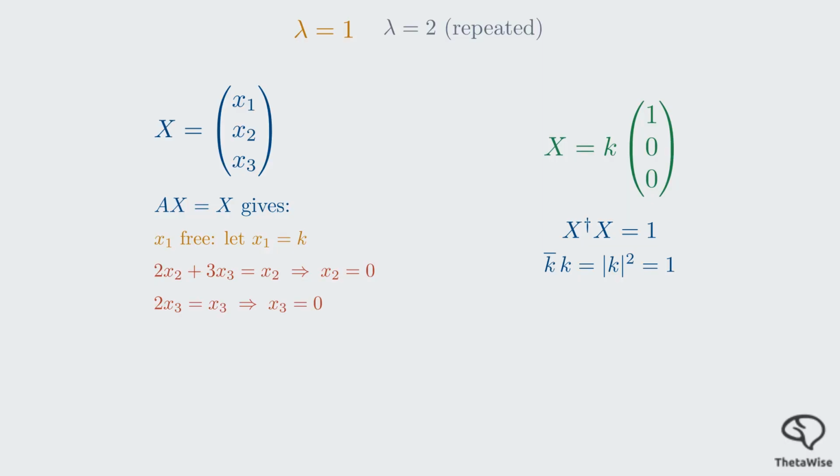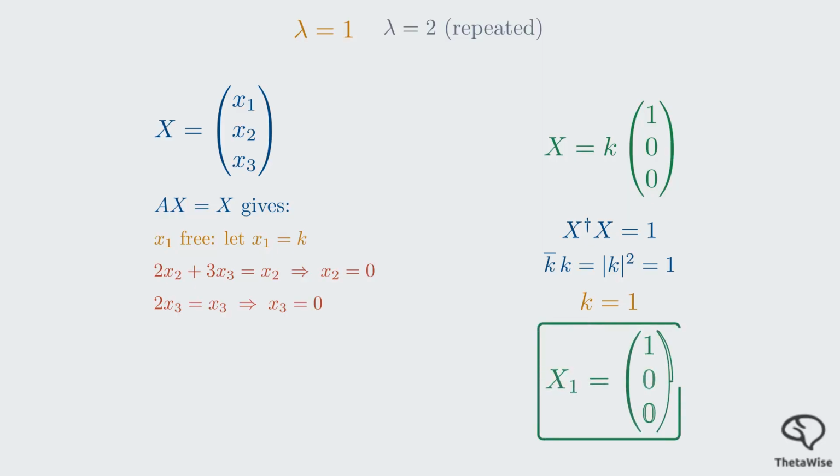Choose the positive real value k equal to 1. Thus, the normalized eigenvector is x1 equals the column vector (1, 0, 0). Check it directly. Multiplying A by x1 selects the first column of A, which is (1, 0, 0), exactly x1.